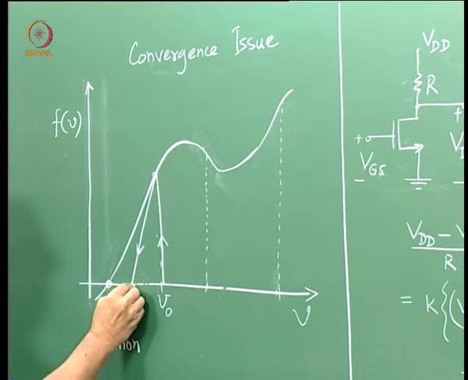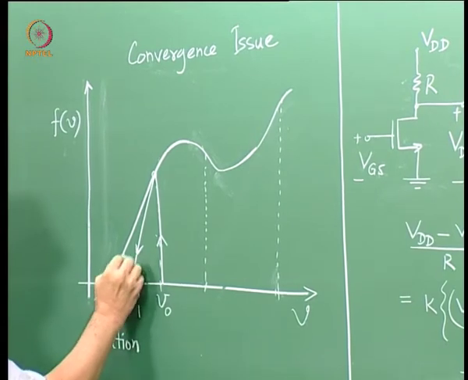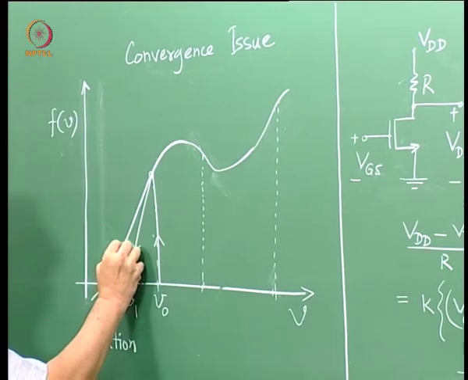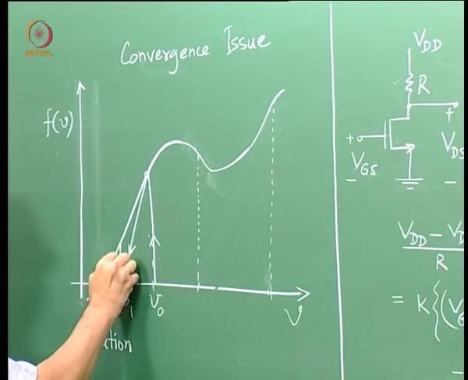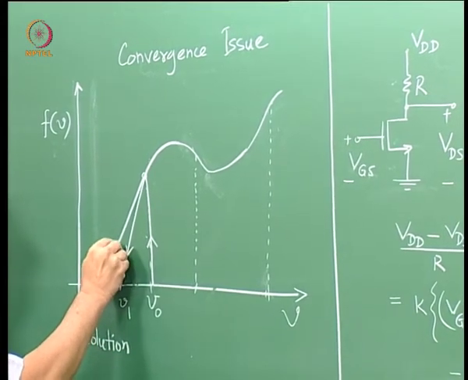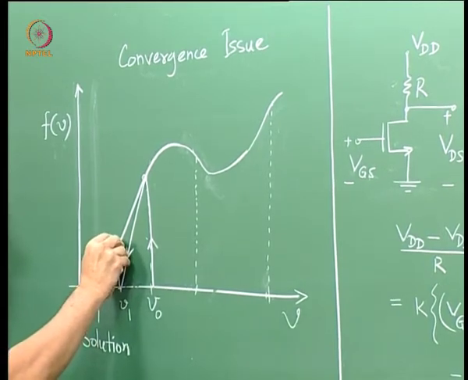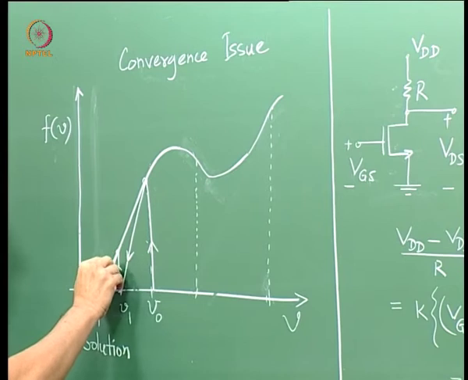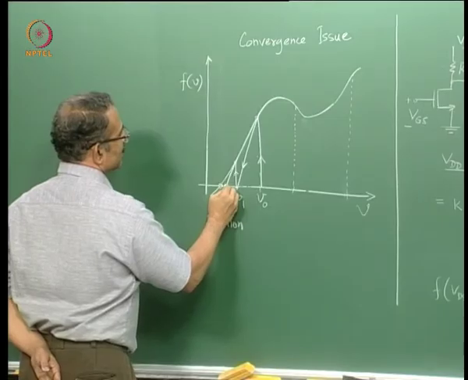Now to get the next better guess I again find out the value of f of v at this point, and at this point I take a slope of this curve and extend that tangent to the v axis to get the next guess.